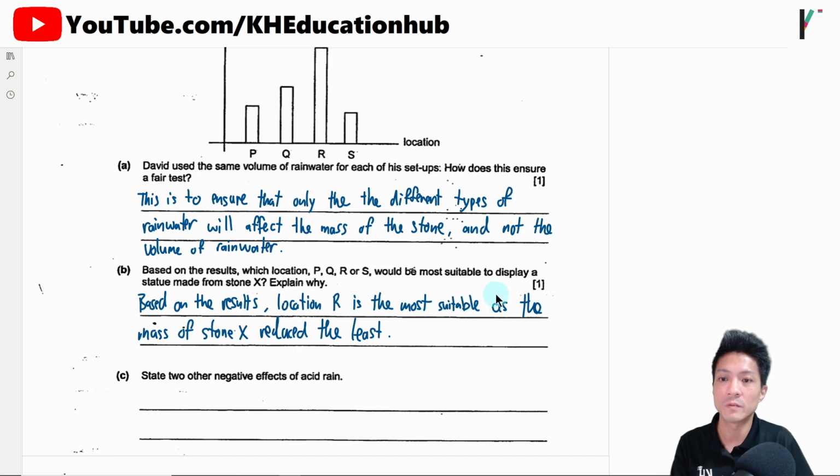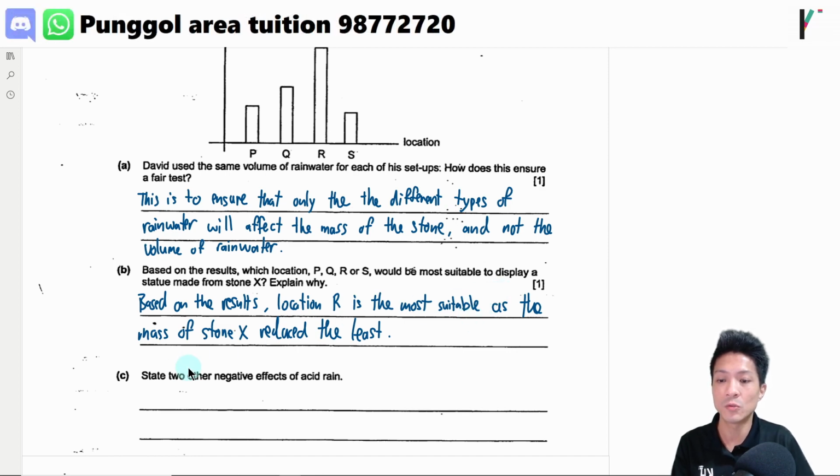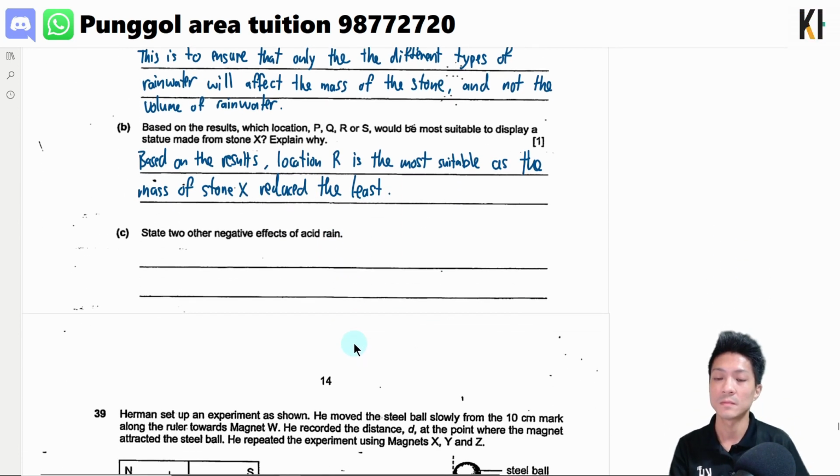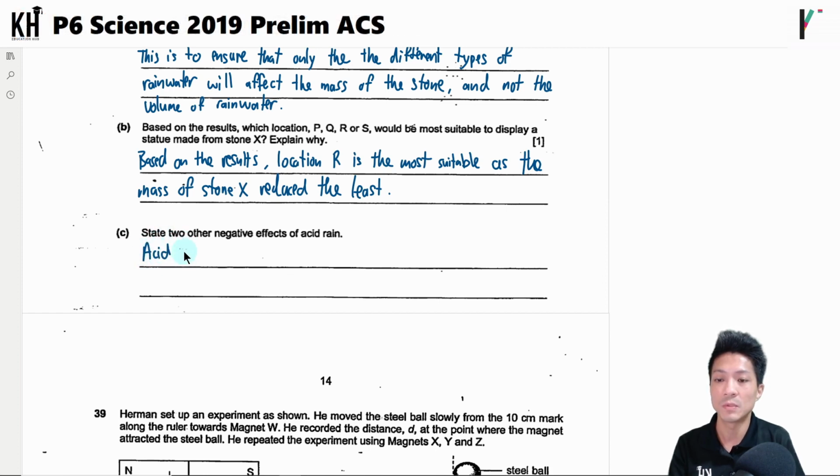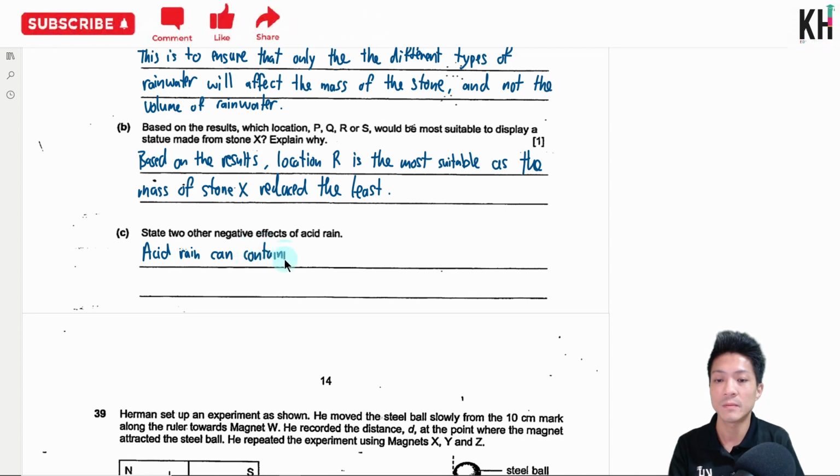So for part C, state 2 other negative effects of acid rain. So one of the negative effects is acid rain can cause water pollution, or it can contaminate water bodies.